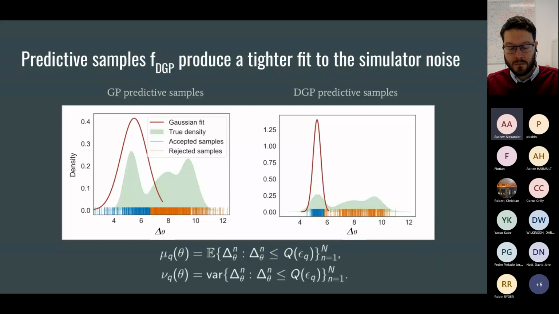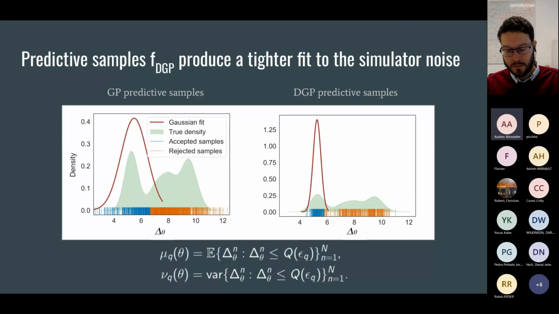For instance, on the figure we filter, I believe, 70%. So the remaining part consists of 30% of all the predictive samples. And once we apply this quantile modification, we essentially can approximate the remaining part with the Gaussian.